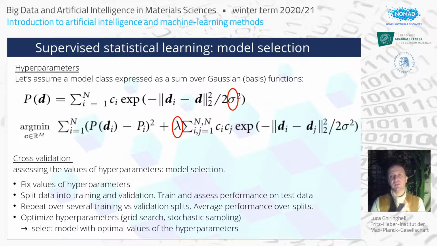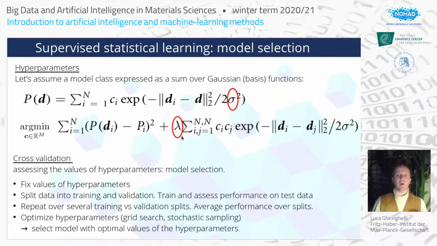So all this procedure is called model selection. That is different from the training of the model, because this is intrinsic to the kind of algorithm that one is using. So this cross-validation is general. You can use it for every kind of machine learning model once you have identified what are the hyperparameters that you want to fit.